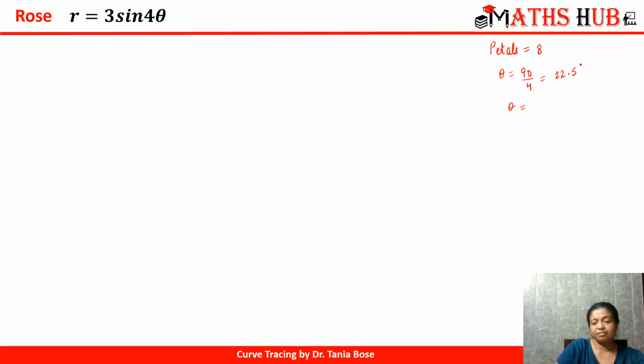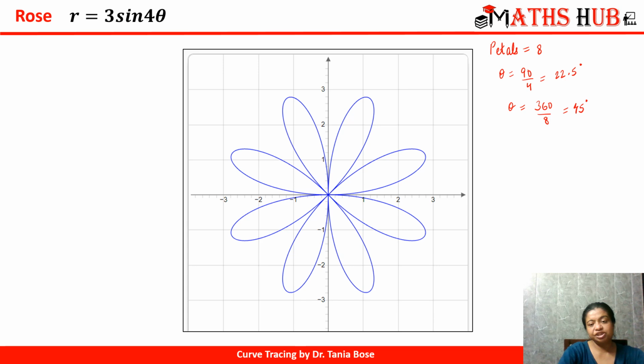And the rest of the petals will occur at 360 by 8, that is 45, right? So here you can see the shape. The first one occurs at an angle of 22.5 degrees, and then there is a shift of 45 degrees with every petal, right?